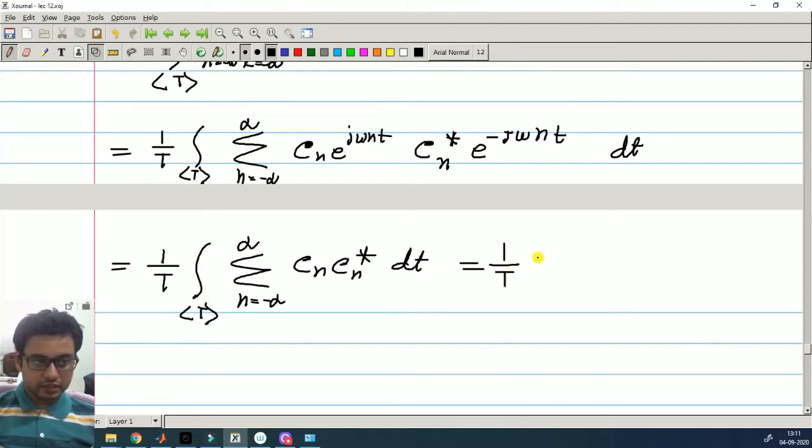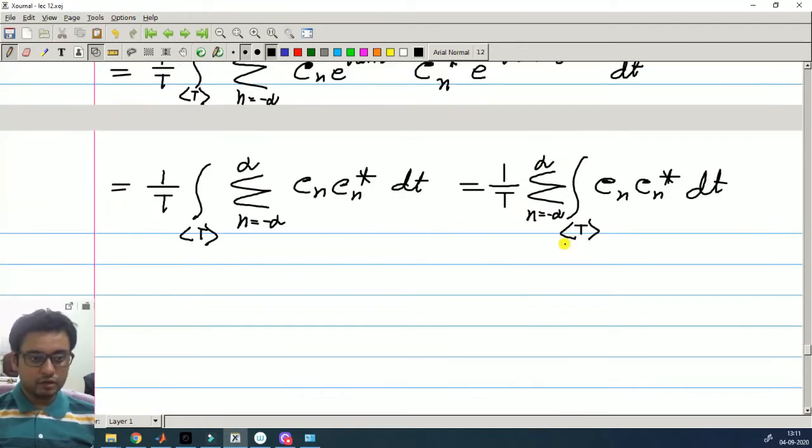So let's put the summation first, then the integration. Now this is 1 over T summed.